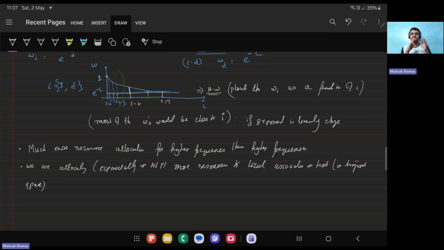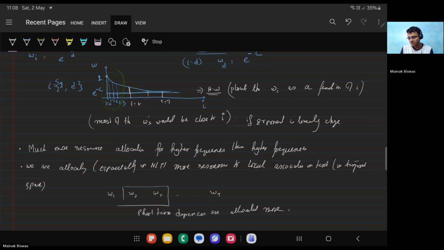So when you have a sentence, say you have word 1, word 2, word 3, and so on, up to word capital T, we are interested more in short-term dependencies. Short-term dependencies are allocated more resources.